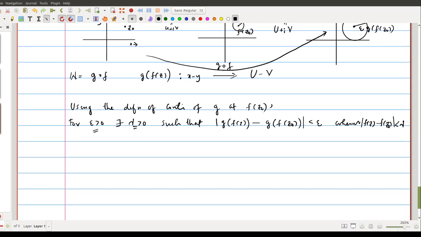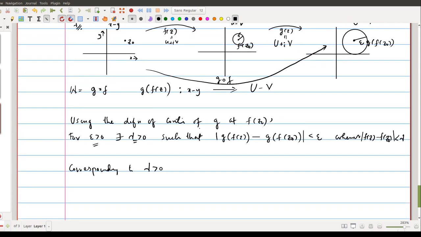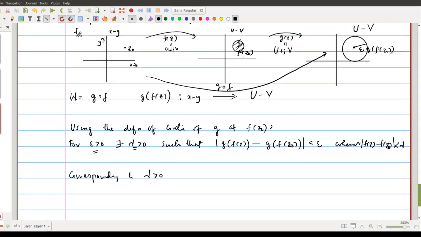Now you take this gamma greater than 0. That means if you consider this gamma neighborhood of f of z0, since f is continuous at z0, there exists a delta neighborhood here such that the image of every element of this neighborhood is contained in the gamma neighborhood. So corresponding to this gamma greater than 0, there exists delta greater than 0.